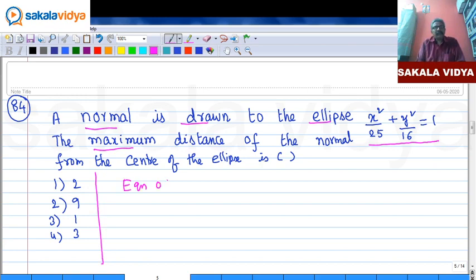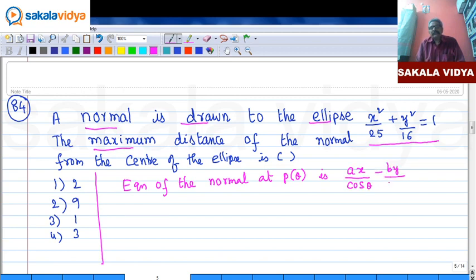Equation of the normal at P of theta, parametric form, is ax by cos theta minus by by sin theta equals a square minus b square. Am I correct?